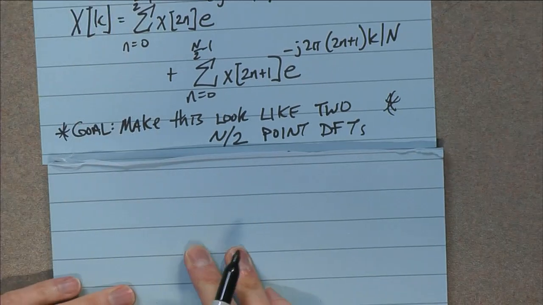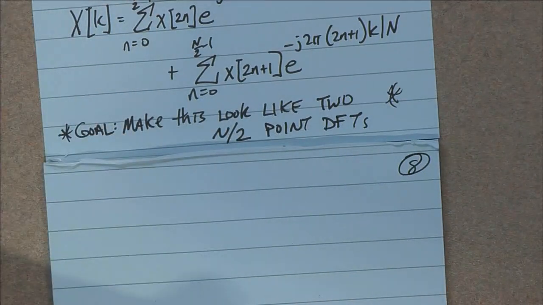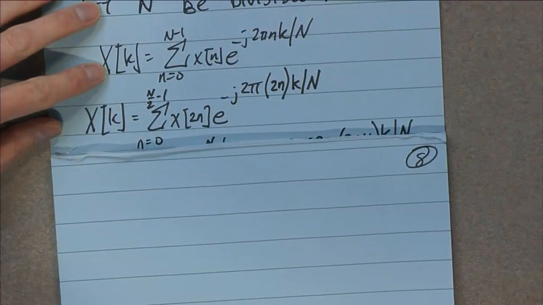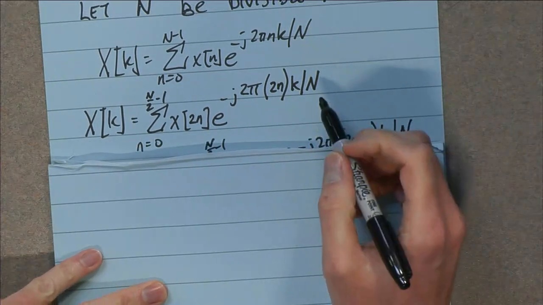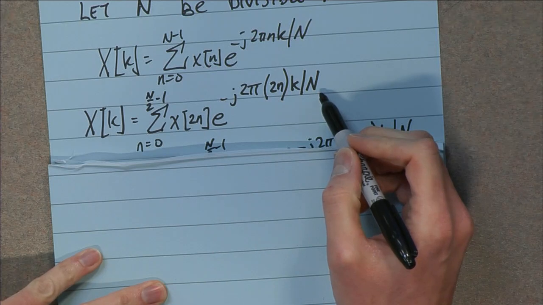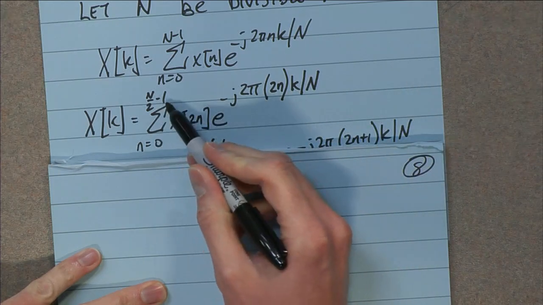So the first part is fairly straightforward. Let's look at the even sequence first. What do we have to do to make this look like an N over 2 point DFT? Well, wouldn't it be nice if N over 2 was in the denominator here? And I happen to have a 2 here that I can just stash down there. And then this goes from 0 to N over 2 minus 1.